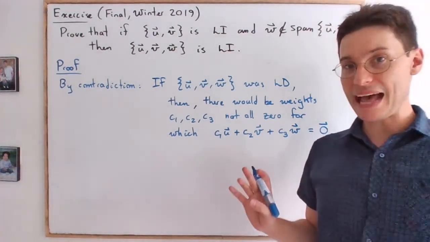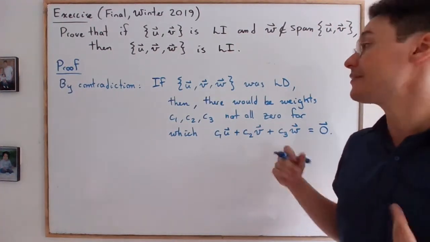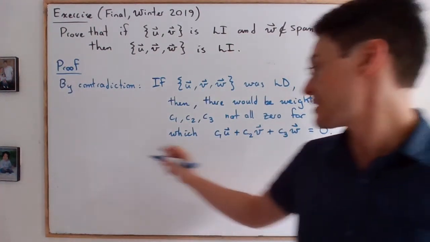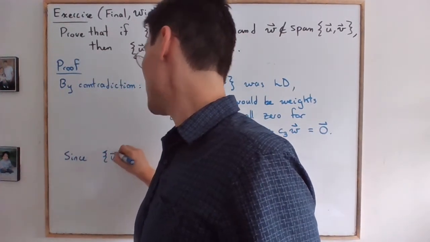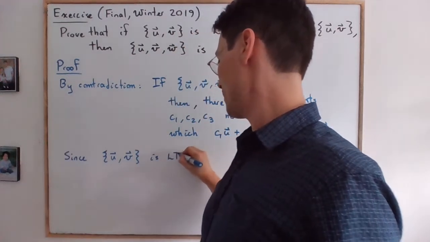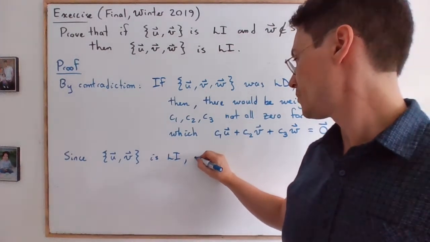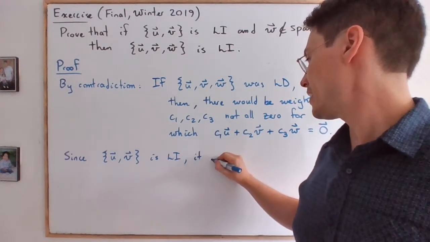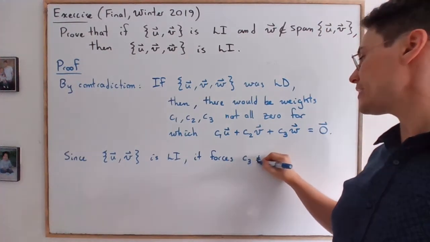And the reason for that is because U and V are linearly independent. Since U, V is linearly independent, it forces C3 not equal to 0.